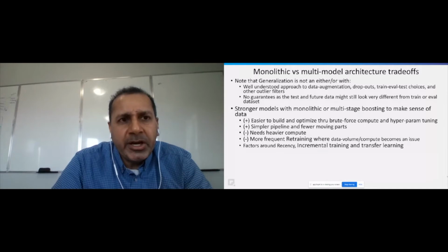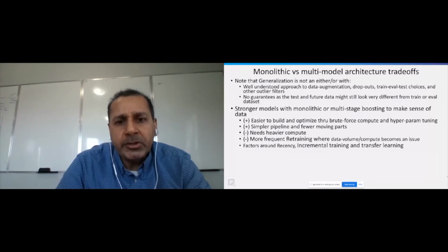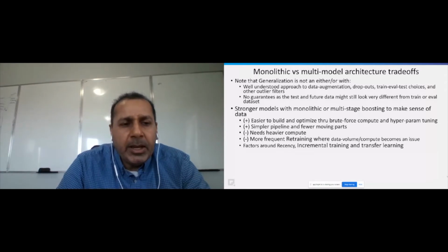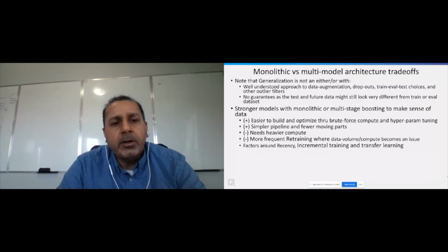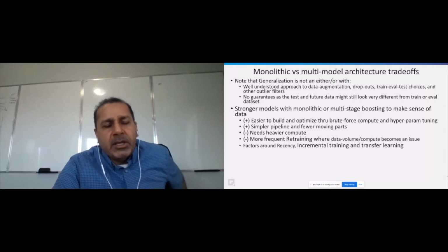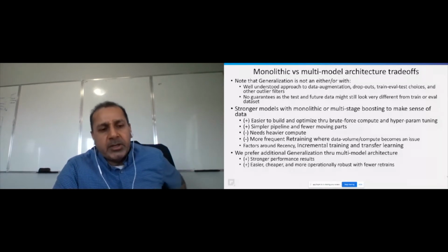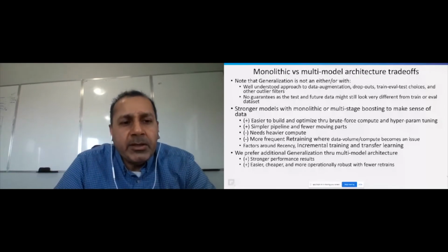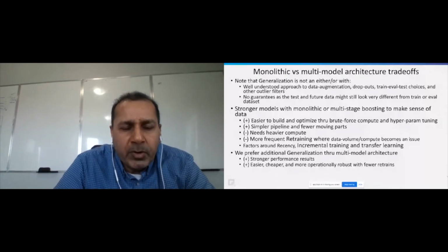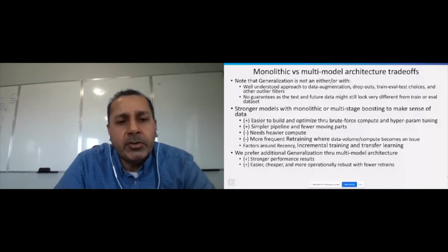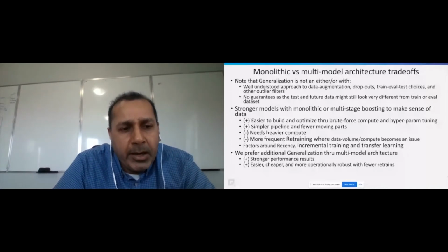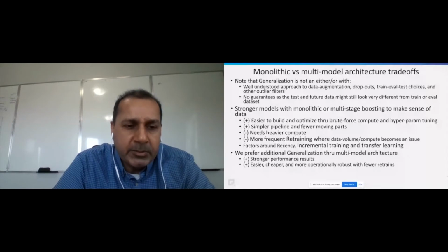So again, we prefer, in addition to standard generalization, we are able to achieve significantly more generalization through the multi-model architecture. Before we even go down and talk about what that is, let's talk about the pros and cons there. We've been able to gain significantly stronger performance out of those, again, because of our ability to fine tune and handle the fidelity of the systems a little bit better.